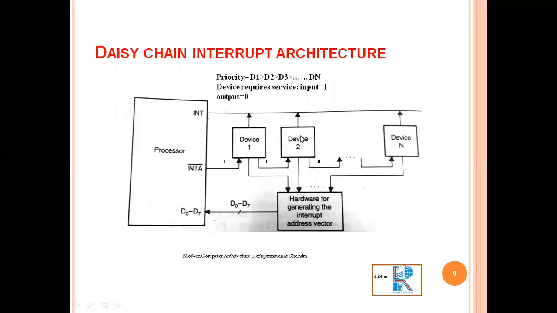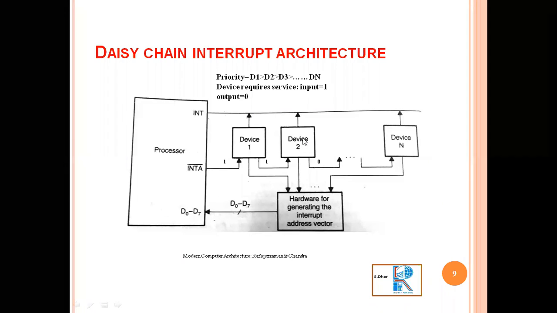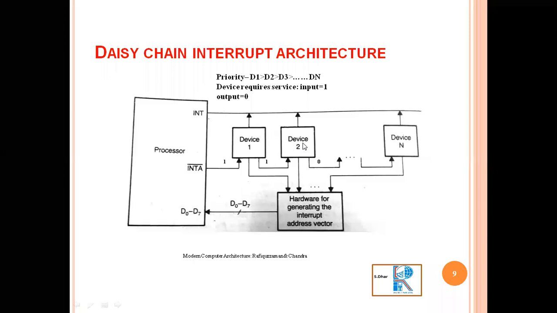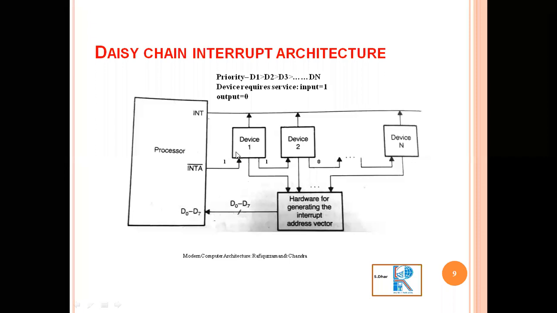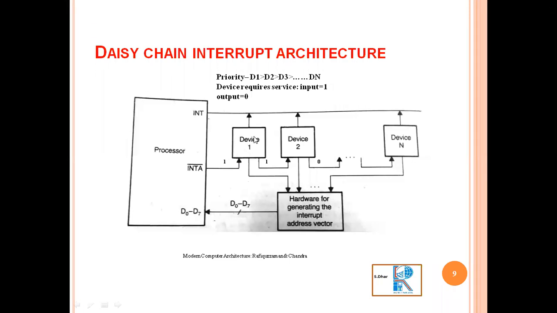So in this way, now suppose device 2 is working, that means it is transferring the data. In this case, again, one interrupt signal is generated here. Again, the processor will send the signal. Now suppose device 1 requires the service. So it will make this output 0.